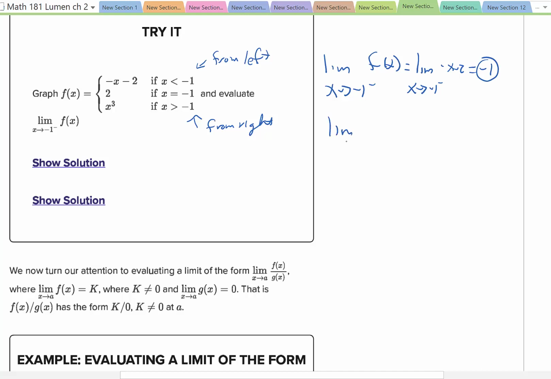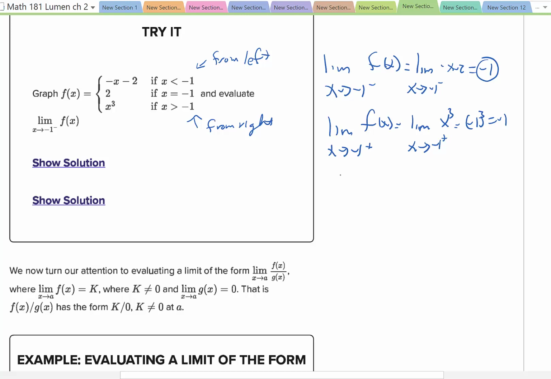The limit as x approaches negative 1 from the right of f of x is the limit as x approaches negative 1 from the right of x cubed. So it's going to be negative 1 cubed, which is negative 1. Look at that. They're the same.